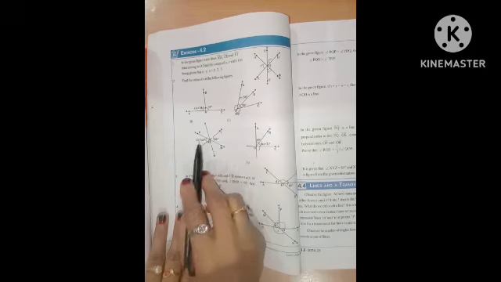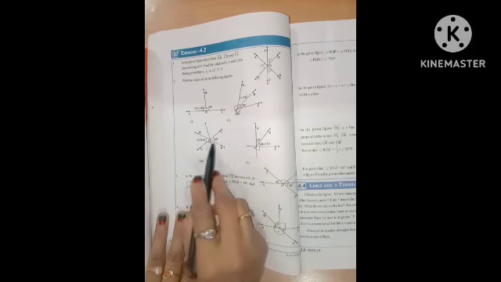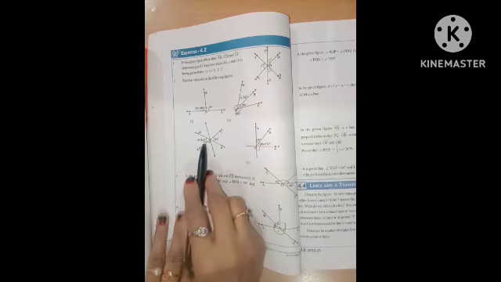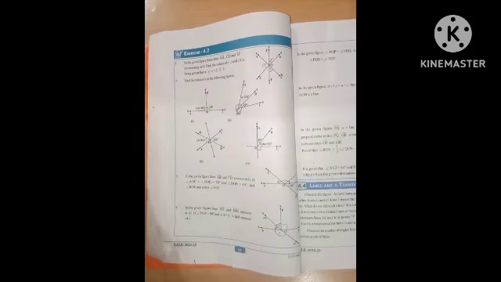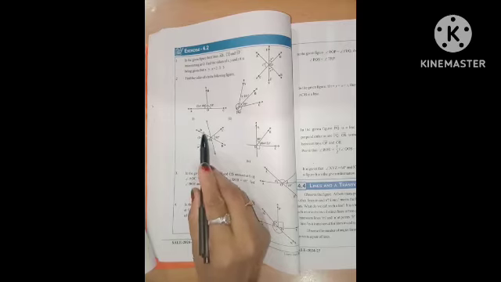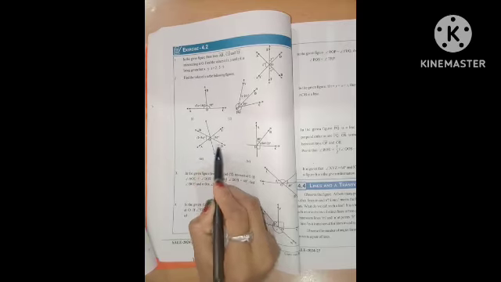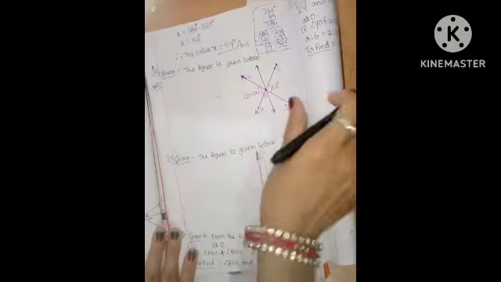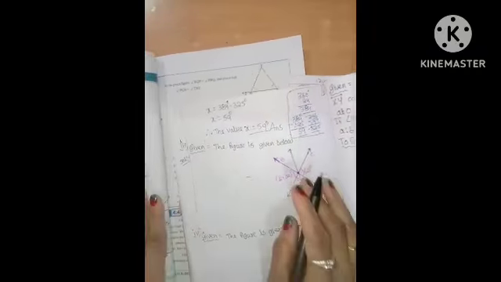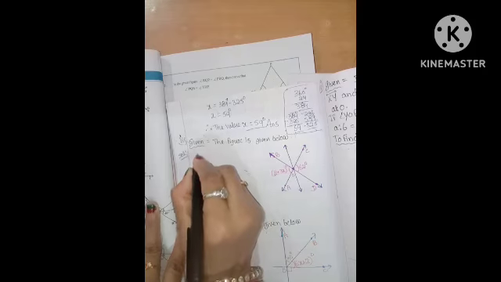These two are vertically opposite angles and they are equal. Very simple problem. AOB angle is equal to DOC angle. Both are equal. So we can find the x value from the figure.